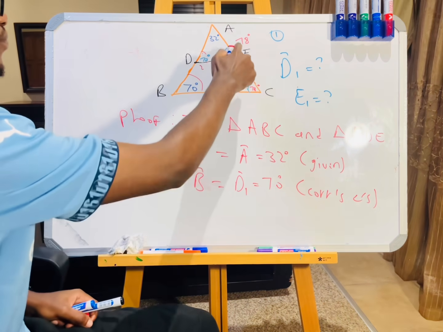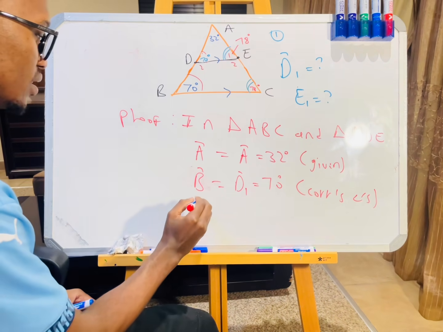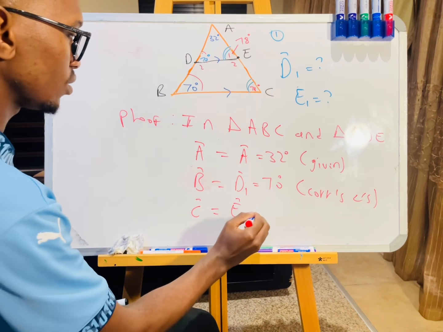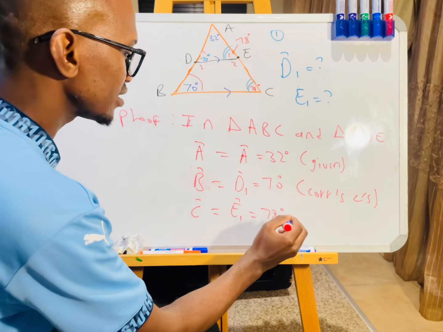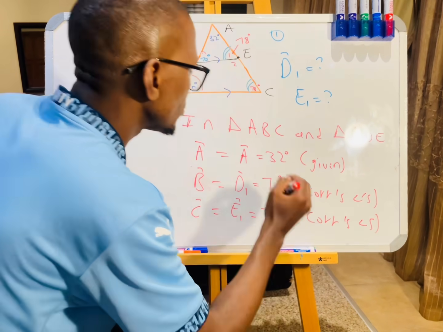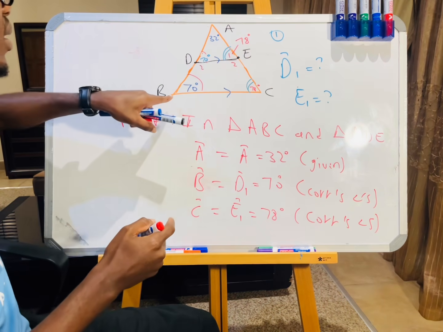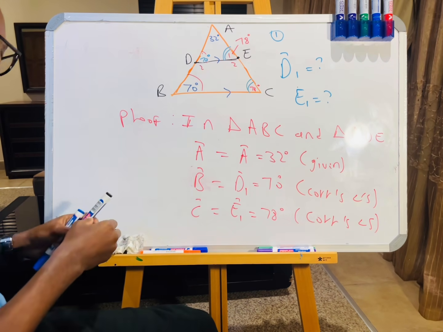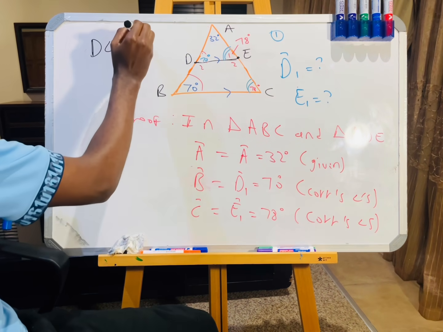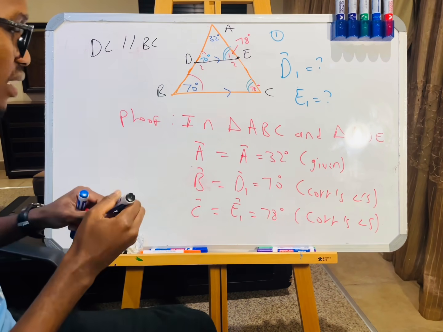The last one, angle C equals angle E1, which are both 78 degrees. They are still corresponding angles because line DE is parallel to line BC.